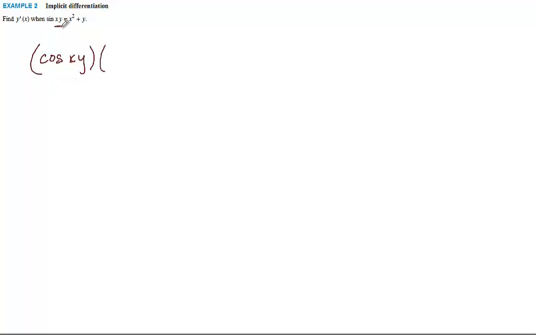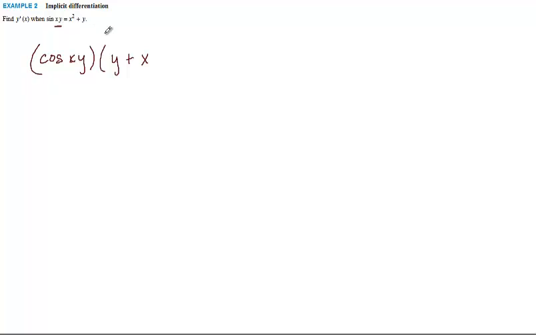But the inside is a product, so I will need to use the product rule. So I'll take the derivative of the first term, x, the derivative of x is a 1 times y, plus, leave the first one alone, take the derivative of the second.